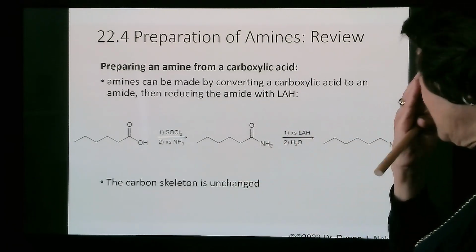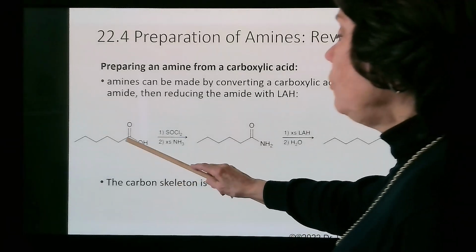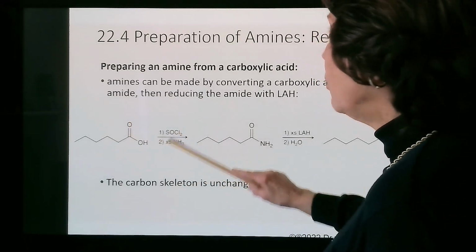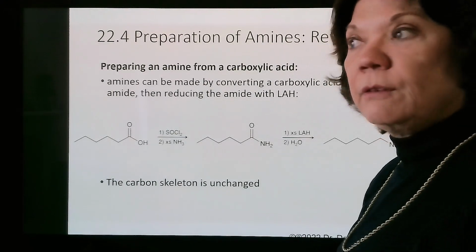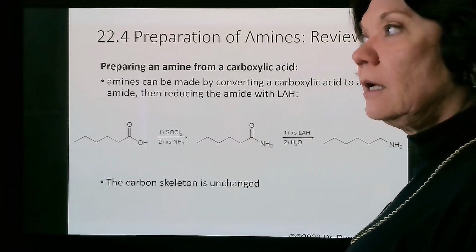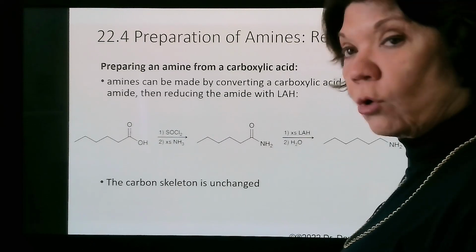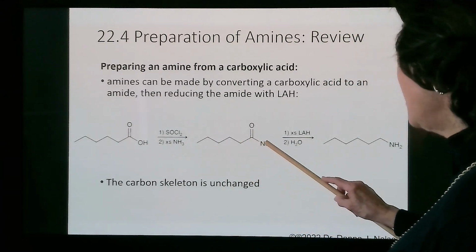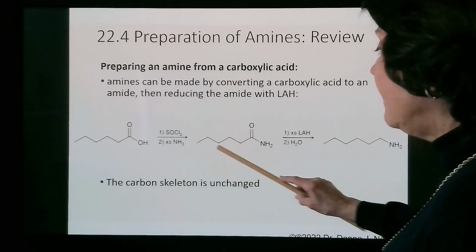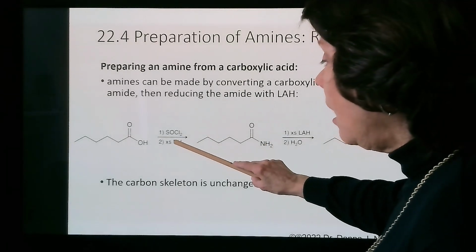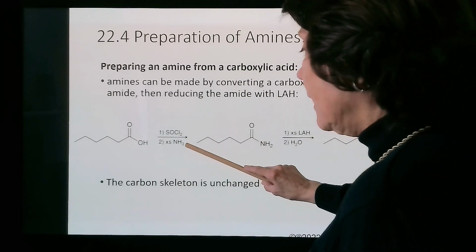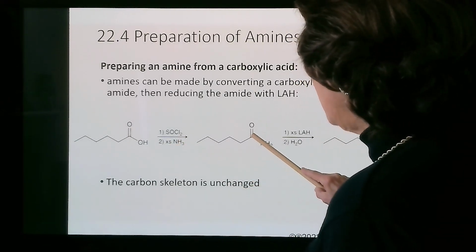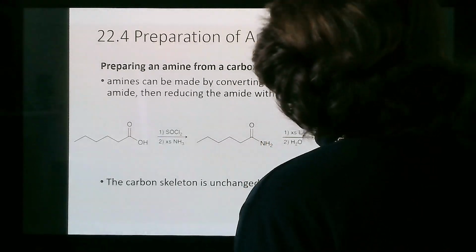Another review is from your carboxylic acid using thionyl chloride. You create the carboxylic chloride, and that can then be reacted readily with ammonia to replace the carbon-chlorine bond with the carbon-nitrogen bond.